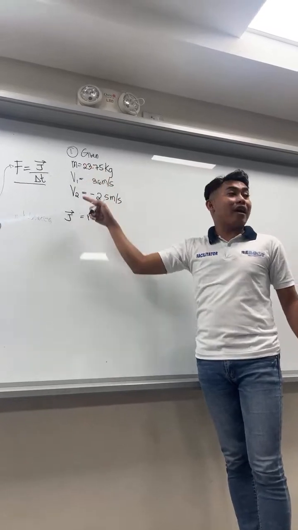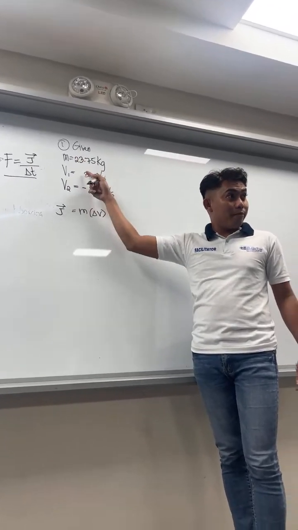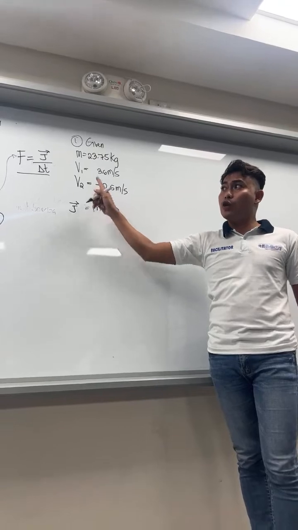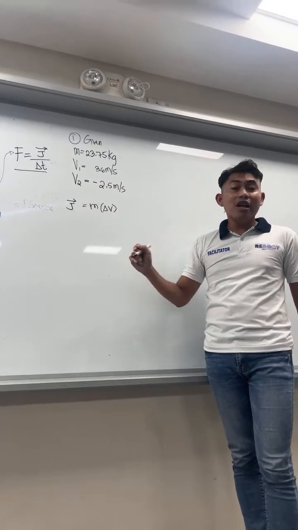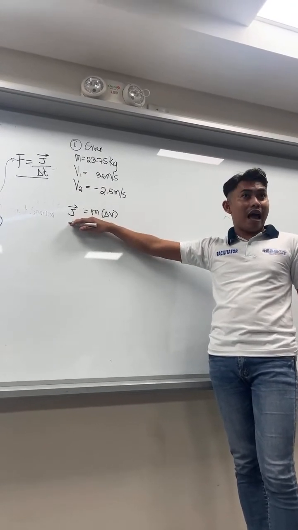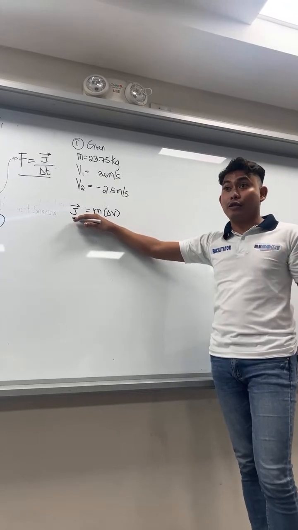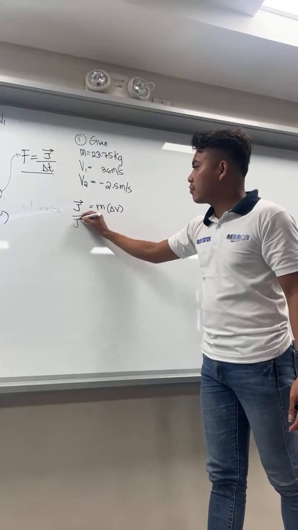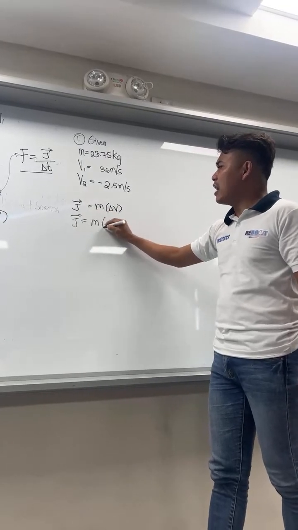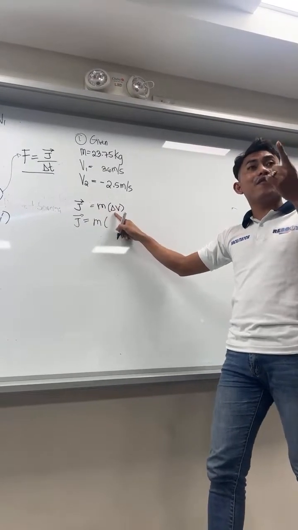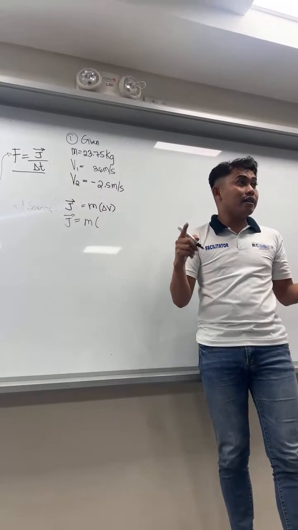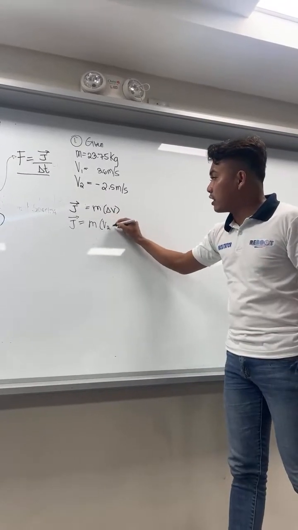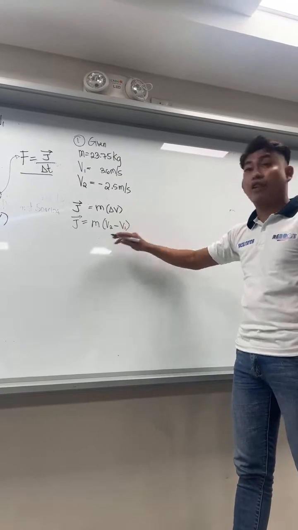Tingnan natin ang given. Wala, so we cannot use the other formula. So this is the appropriate formula to solve for our impulse. Mass times change of velocity is the difference of your two velocities, right? The final velocity minus the initial velocity.